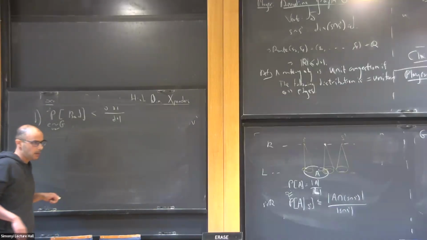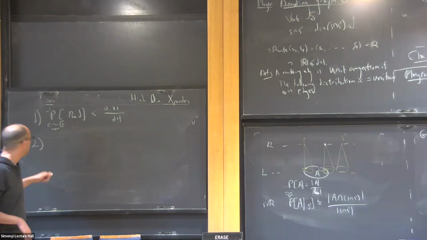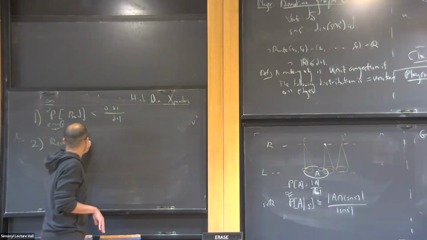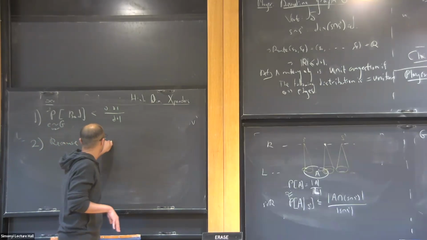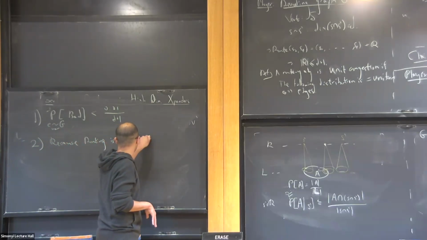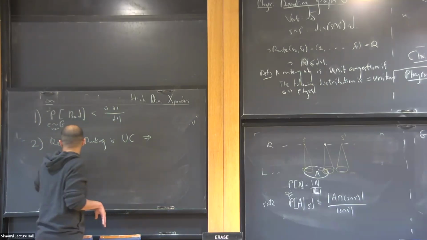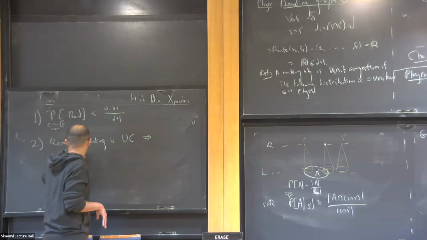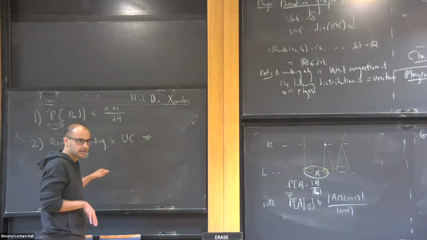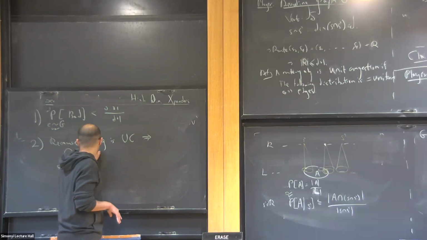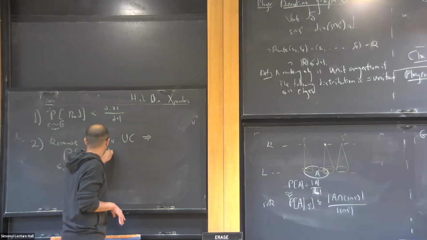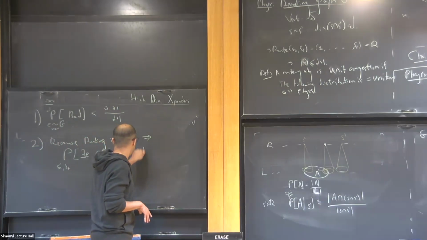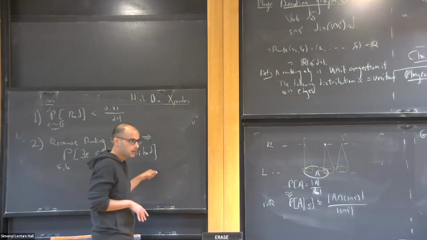Step two in the proof of the lemma is just to say that because the routing is unit congestion, the probability over S_0 and S_T that there exists an edge in the path in the routing of S_0 and S_T that is bad is very small.